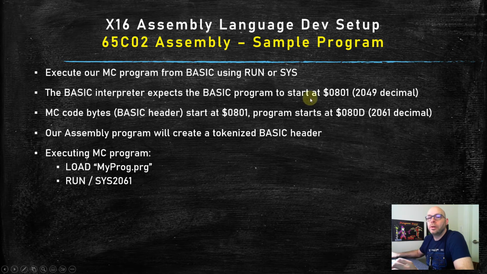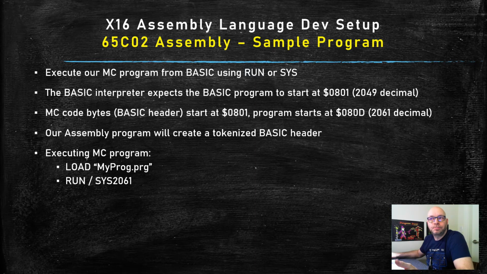So when we're running our program from BASIC, the BASIC interpreter, which is what runs automatically when we start the emulator or the computer itself, expects the BASIC program to start at 0801.